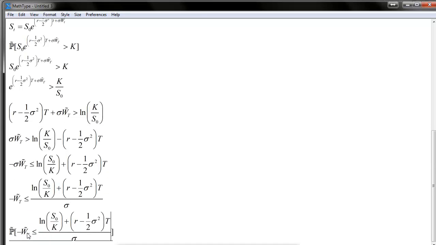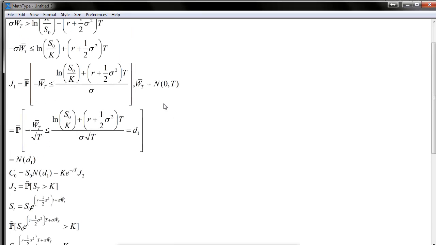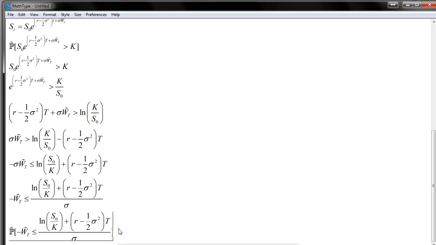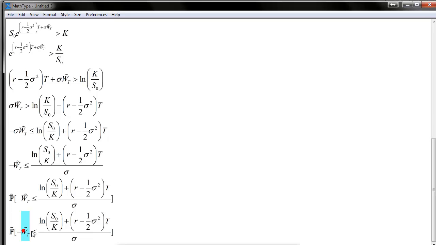We know that this one has distribution normal with zero mean and variance T. So we can standardize this random variable like before. If we divide by the square root of big T, we have standard normal (0, 1).